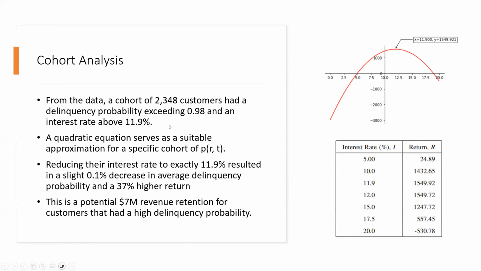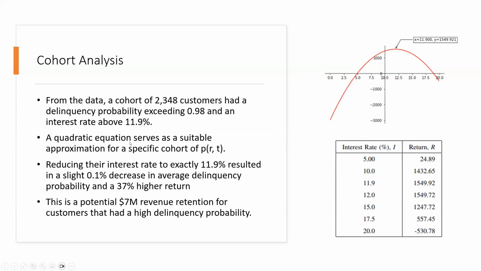So in the cohort analysis, and recall that the full sample was around 56,000 observations, a cohort of 2,348 customers had a delinquency probability exceeding 0.98. So these were people that were predicted to be the most delinquent customers. And they had an interest rate of above 11.9%.